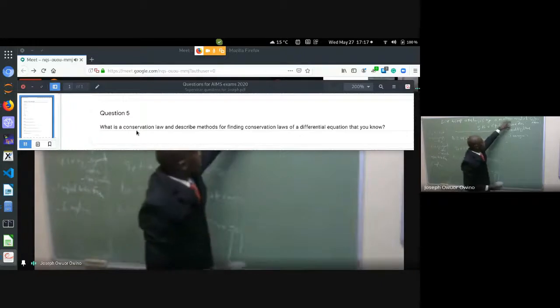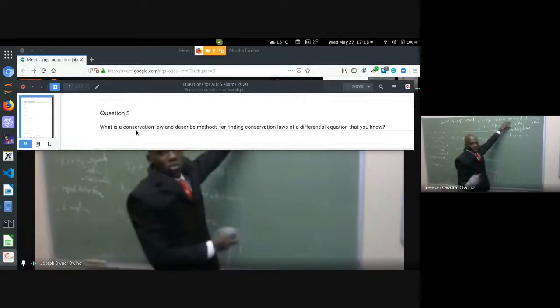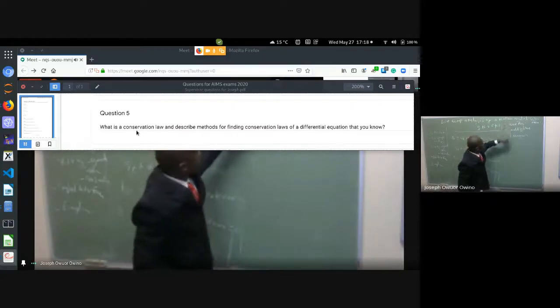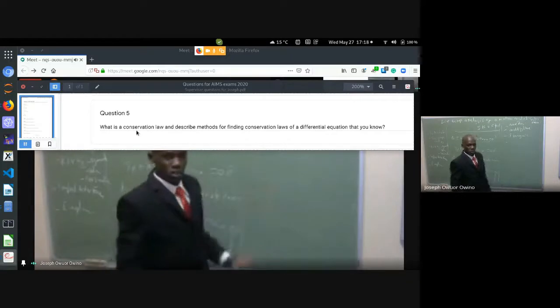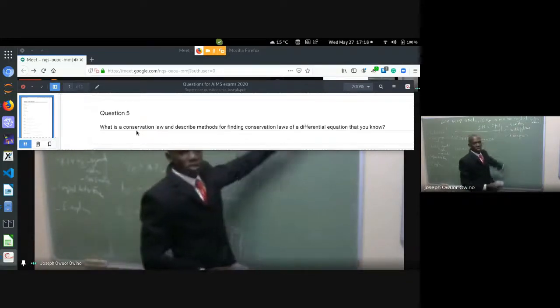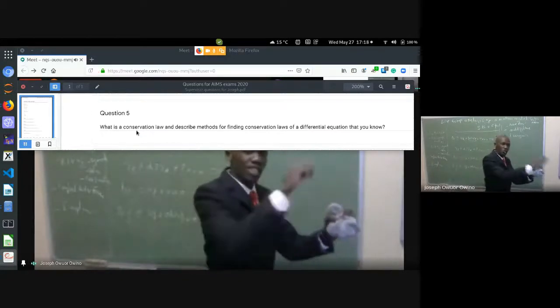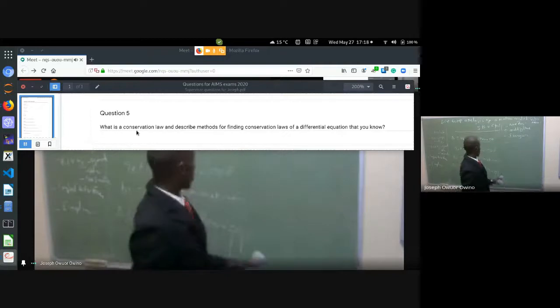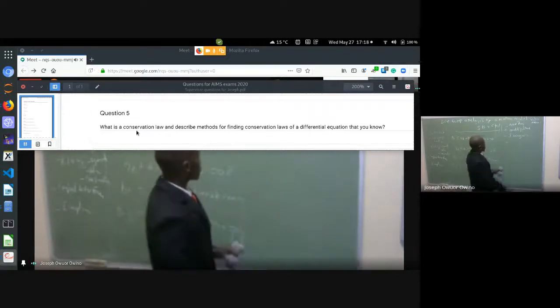Now, as a result of this limitation of Noether's theorem, because it does not apply in the general case, there has been work to try to generalize, to find a method which can find conservation laws for any PDE or ODE. One of them is multipliers, which is just a function that converts the equation to a conservation law. And we've shown in this work how to use multipliers to find conservation laws.